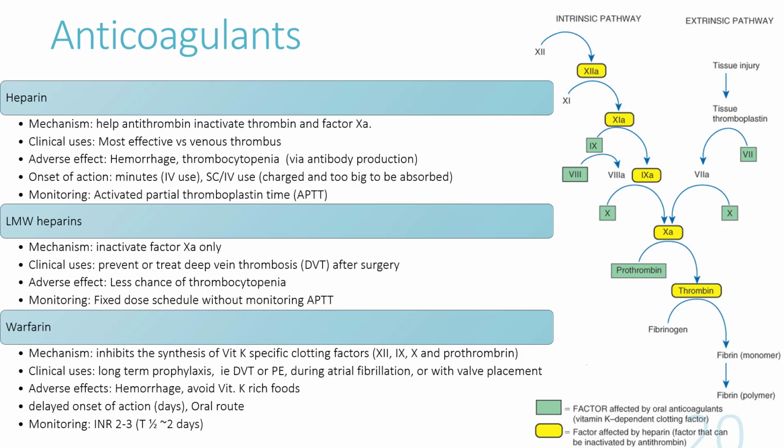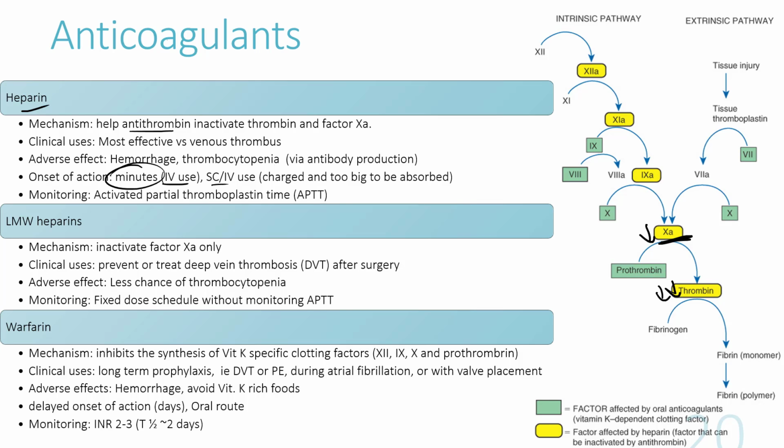So we're going to talk about heparin. Heparin activates antithrombin, and antithrombin works on decreasing the effect of thrombin and of factor 10A. It's most effective against venous thrombus. It's administered either IV or subcutaneously, and it takes minutes to work.